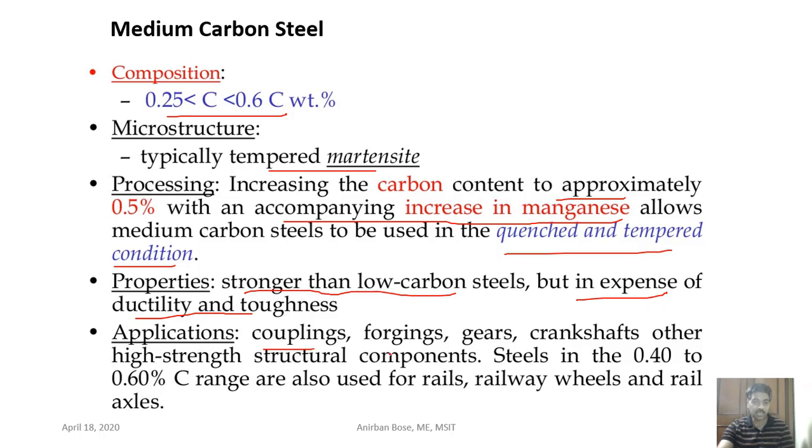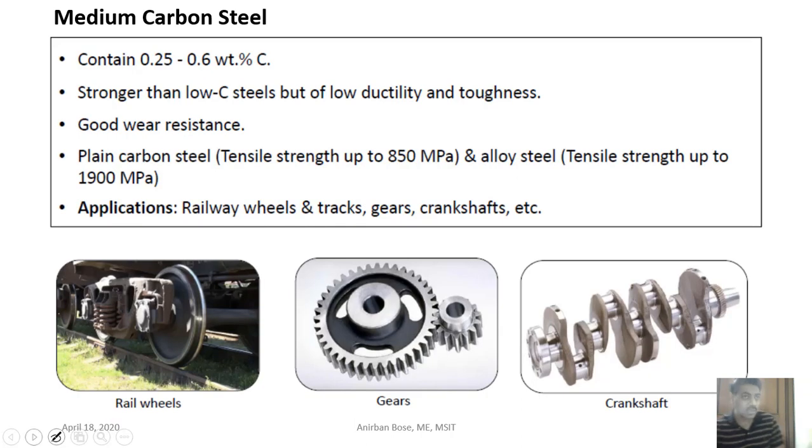Applications, you can see the coupling, forging, gears, crankshaft, other high strength structural components, and steels in the 0.4 to 0.6% carbon range used for rails and railway wheels and rail axles. Okay, this is very important. So finally, what you have to remember for the medium carbon steel is that carbon percentage, okay, and stronger than low carbon steel, low ductility and toughness, good wear resistance.